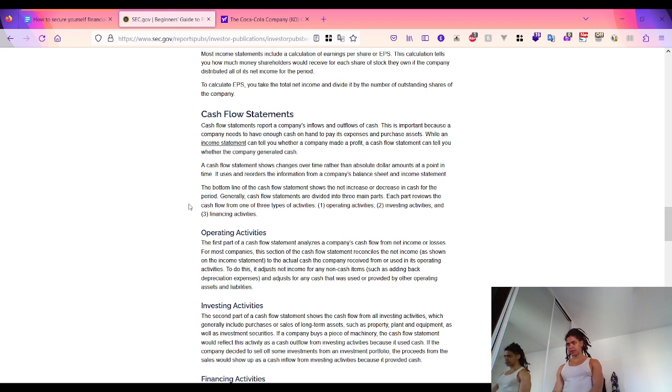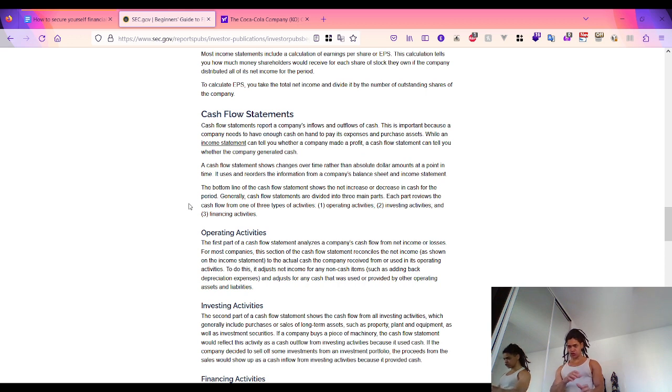Okay, so the cash flow statement shows the company's inflow and outflow of cash. This is important because a company needs to have enough cash on hand to pay its expenses and purchase assets.